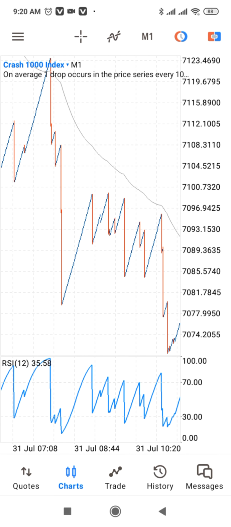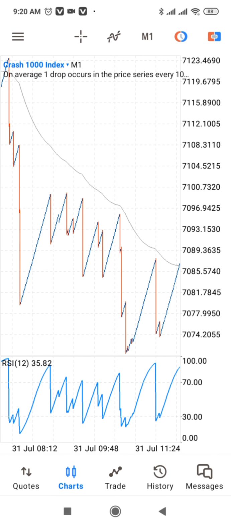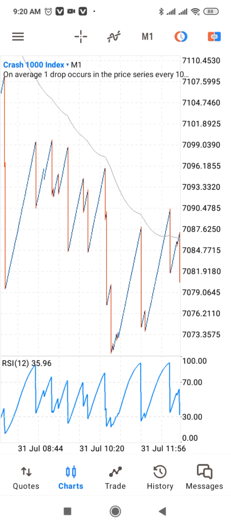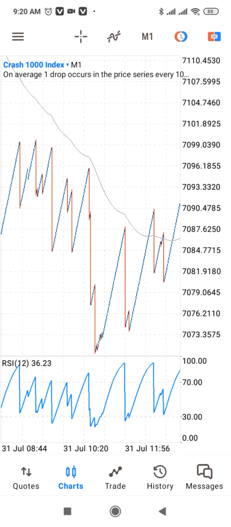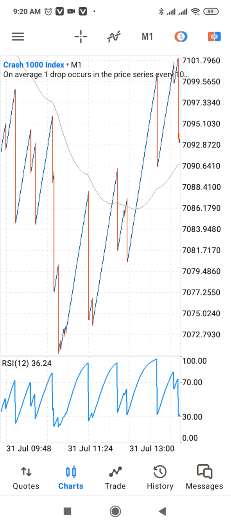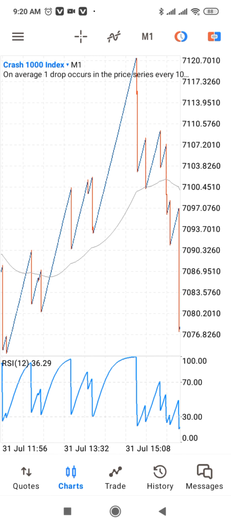So for crash 1000, we want the market to go below the moving average 200 before we start looking for a buying opportunity or scalping opportunity. So here the market is below, there is no divergence here, so we'll continue to wait.